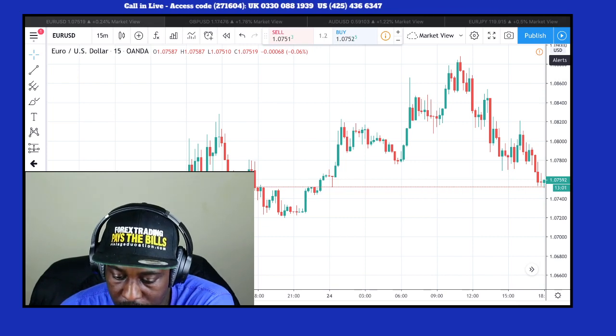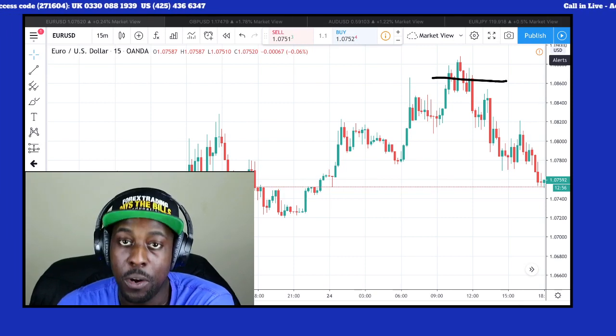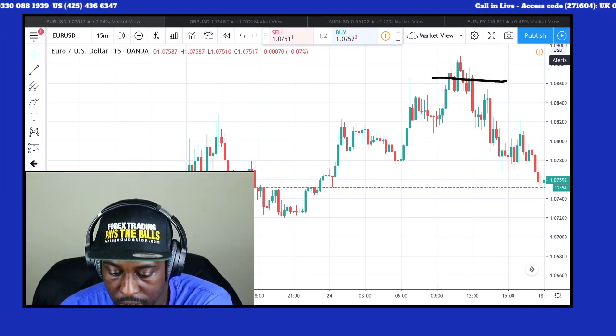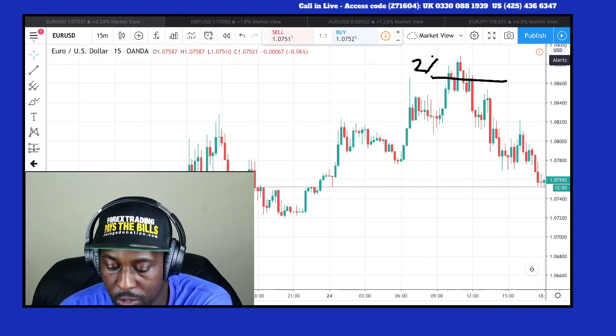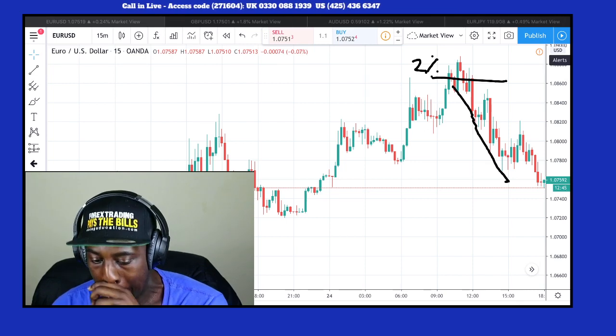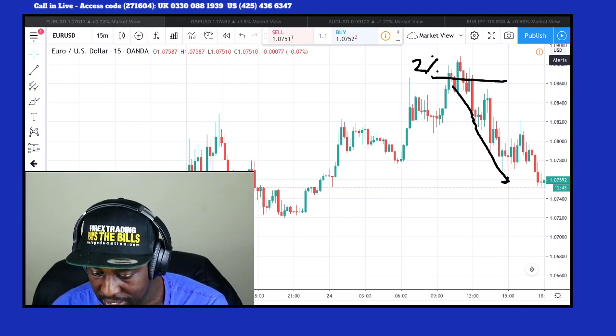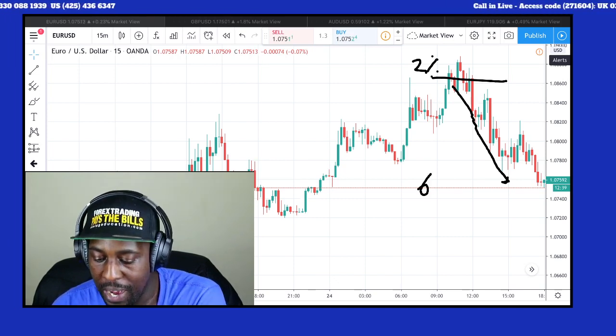Okay, you know what? Maybe it was another false start, but we're looking for that sell position. We're going to potentially lose 2%, or what are we going to do? Price is going to continue to drop down, and what's this going to be? We need to go for at least 6% based on how I trade.